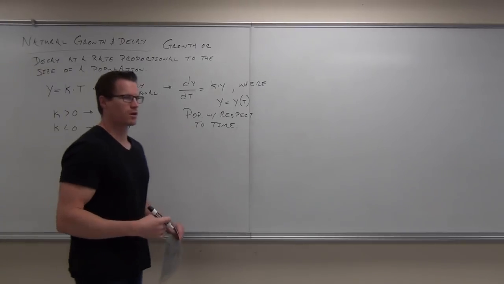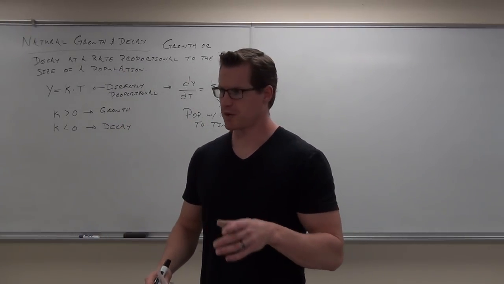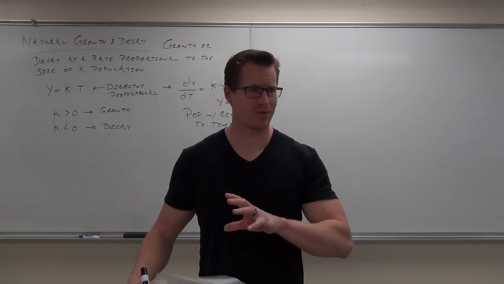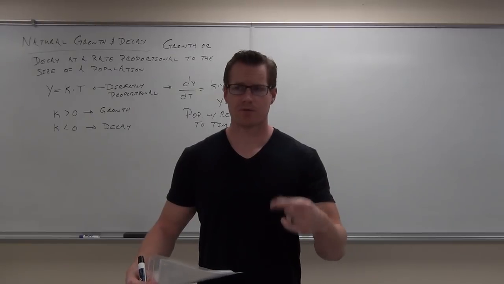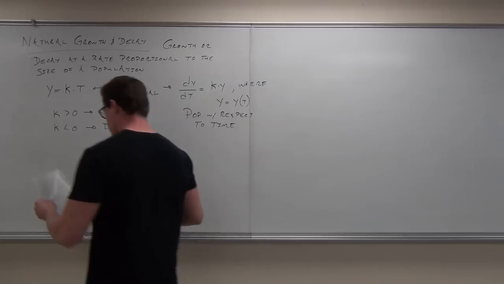Now, I want to take a look at the model of this. What we're going to do right here is solve a differential equation once and for all for natural growth or decay. Would you like to do that rather than every single time? We're going to have a model for this, okay? So we're going to solve this model, and then I'm going to show you how to apply this to a variety of situations. So first things first.